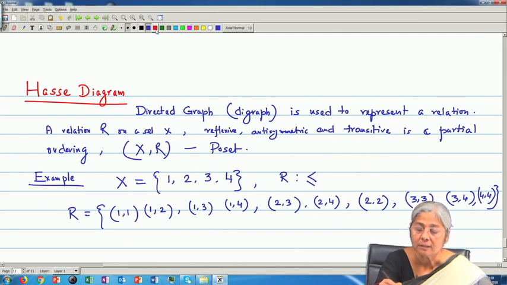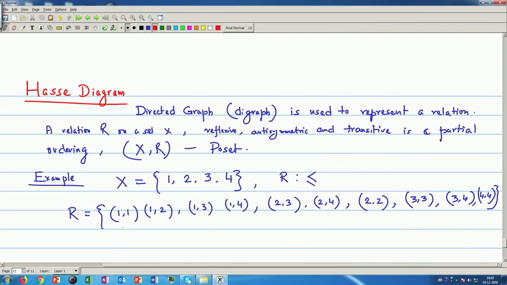So, first we see that 1 1 is there since it is equal to, so a equal to b. 2 2 is there, 3 3 is there, 4 4 is there.